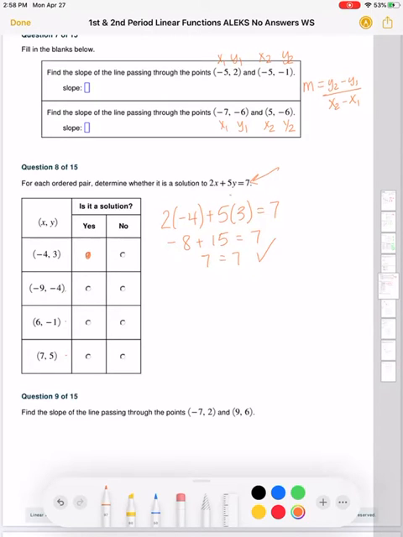It's very important that you plug in your values from the ordered pairs into parentheses so that the negatives do not result in incorrect answers for you. Question 9 says, find the slope of the line. You are going to use that same formula right there. x1, y1, x2, y2. Plug it into the formula.